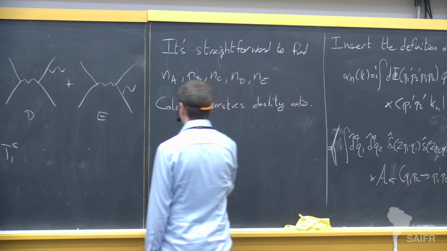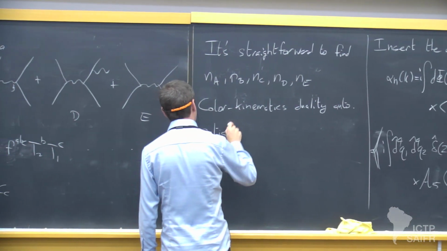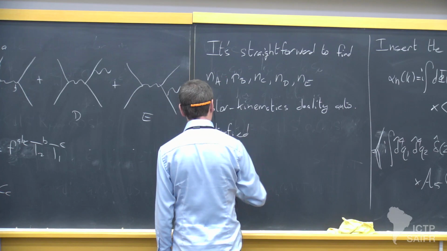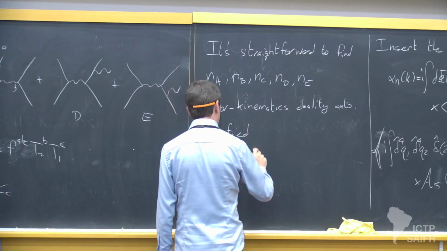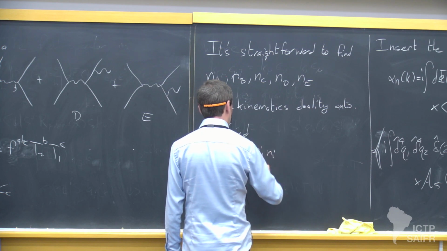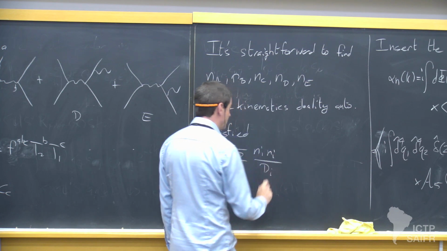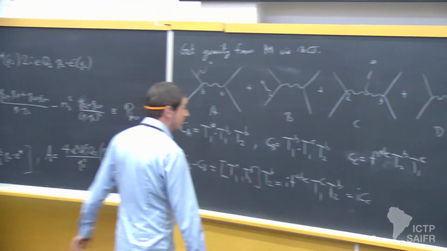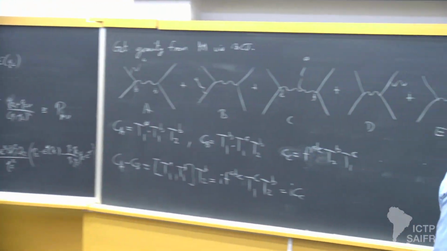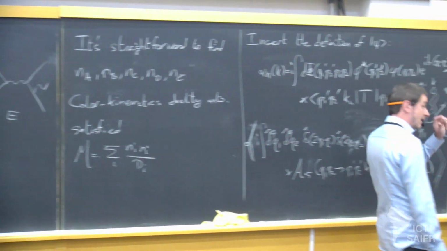So it's automatically satisfied, which means that the double copy just goes through in a straightforward way. So you get to write M as the sum over the squared diagrams over the same propagator denominators, and that gives you a 5-point amplitude, which you can go ahead and put directly into this formula here to get a gravitational waveform.